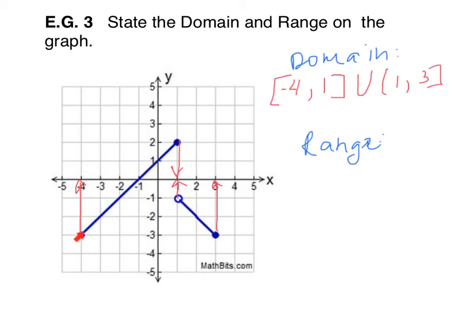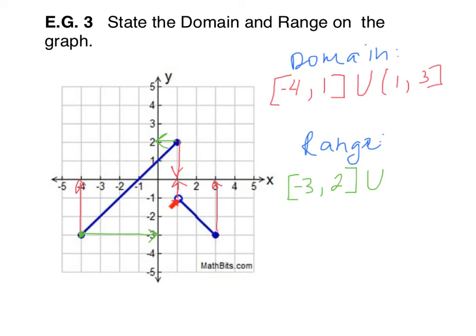The lowest point here for the y is at -3. Again, because of the closed dot, it includes -3, so we have the hard bracket, -3, comma, and we follow the graph to the top and look at the highest point and go to the y-axis and read that. It ends at 2, including 2 because of the solid point, union.